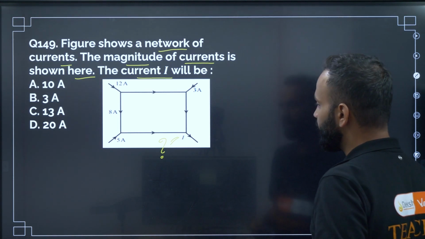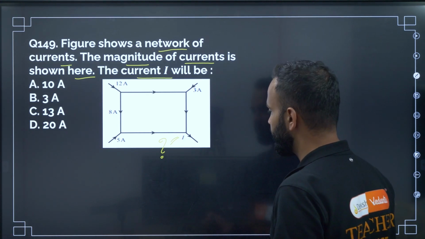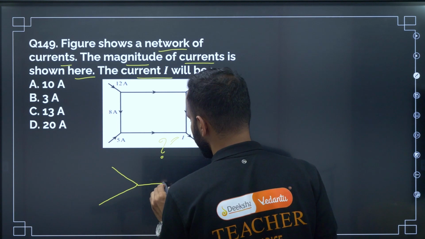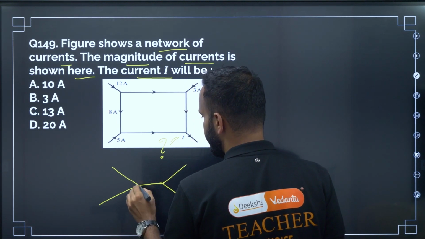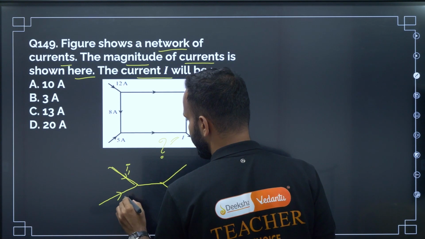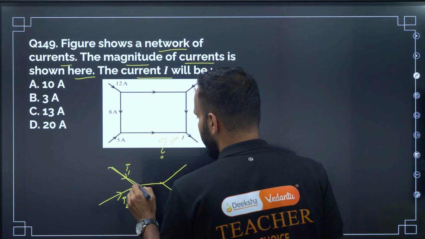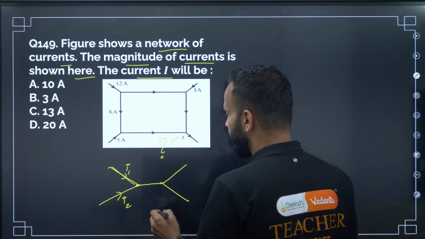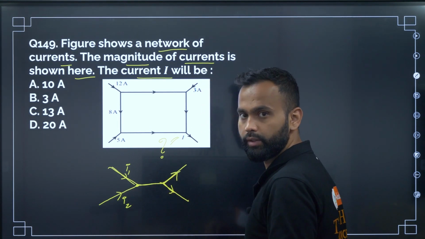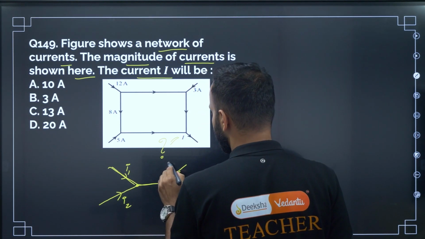What is the statement of KCL? The algebraic sum of currents entering a junction is equal to the algebraic sum of currents exiting from that junction. At that junction the net current is equal to 0.